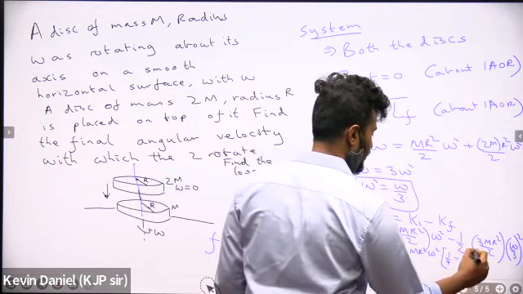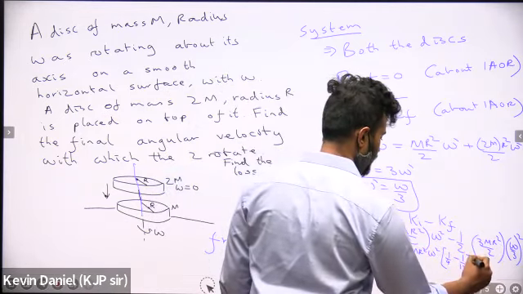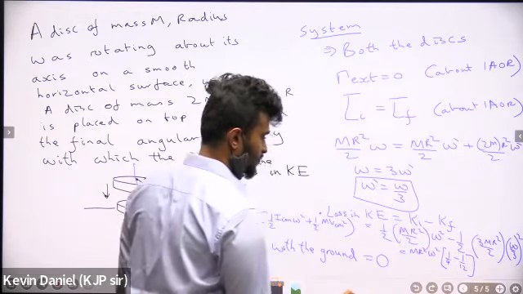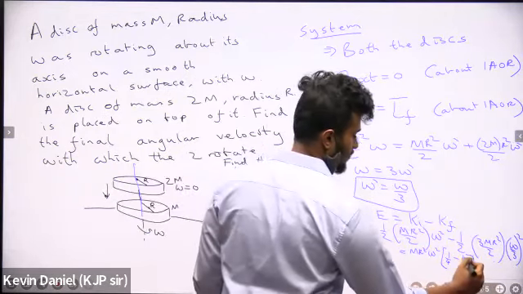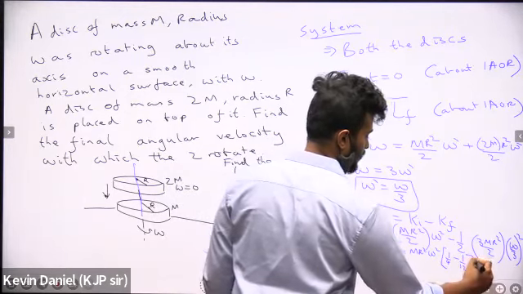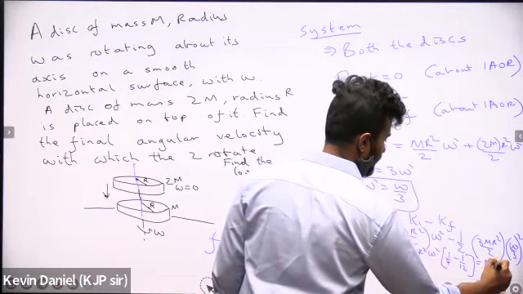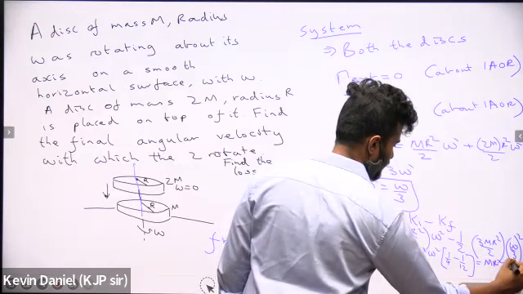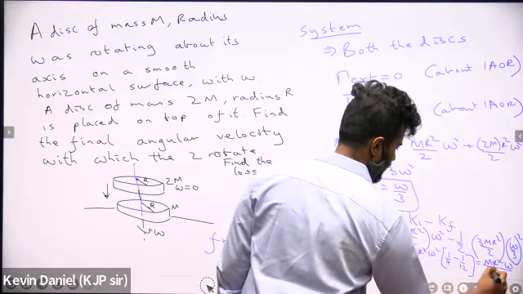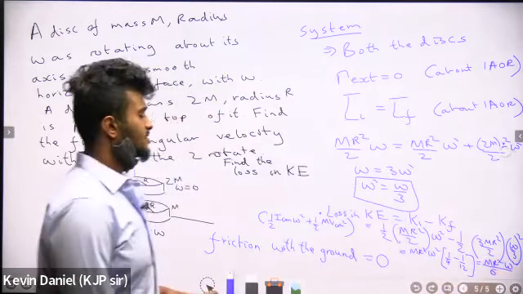So the entire thing becomes 1 by 6, mr square omega square by 6. ठीक है?